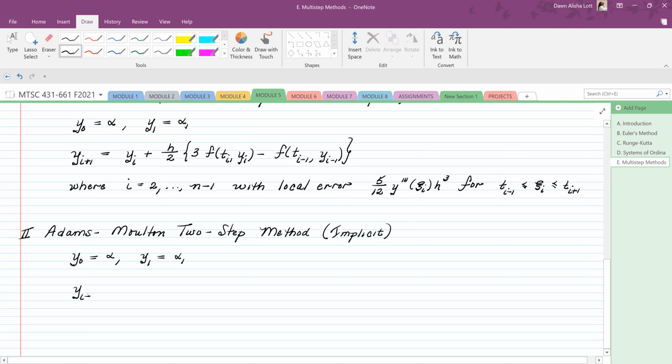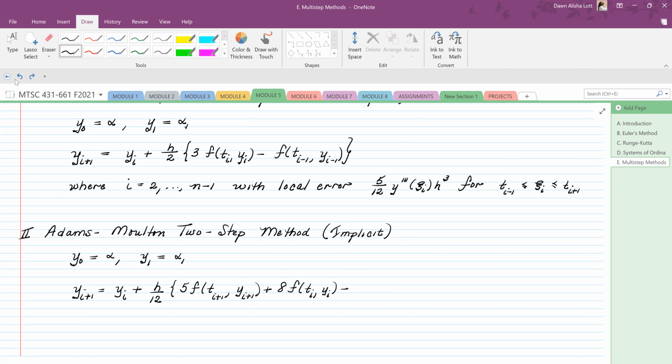So y i plus 1 is equal to y i plus h over 12 times 5 f of t i plus 1, y i plus 1, plus 8 f of t i, y i, minus f of t i minus 1, y i minus 1.